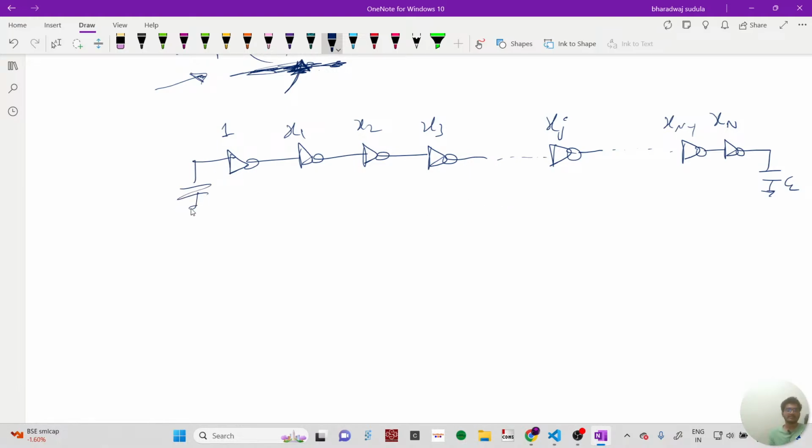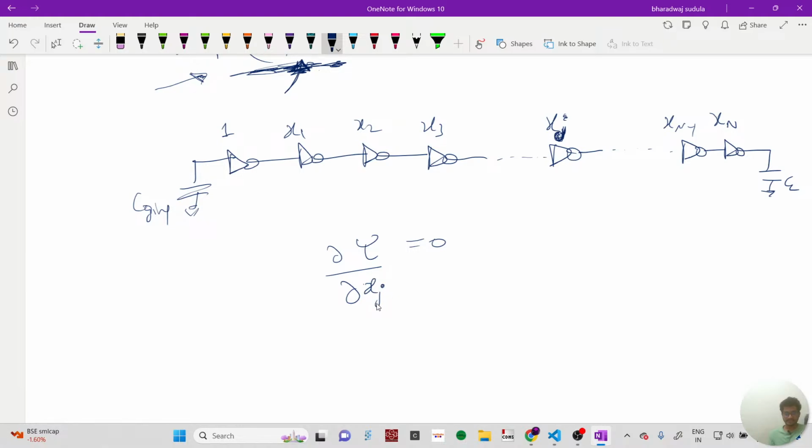So there is an input gate cap, CG input. So this is clear, right? I am trying to find out the sizing of this jth inverter. I'll take this as a variable, xj.